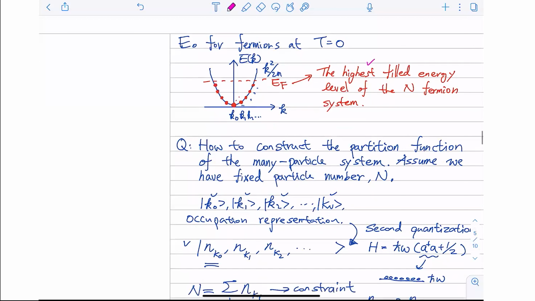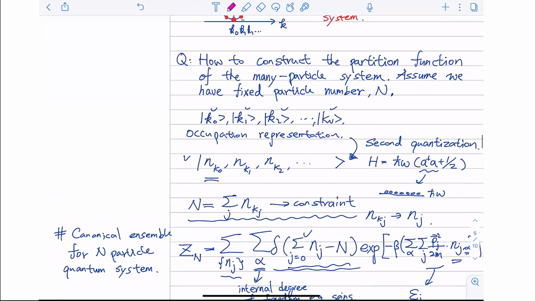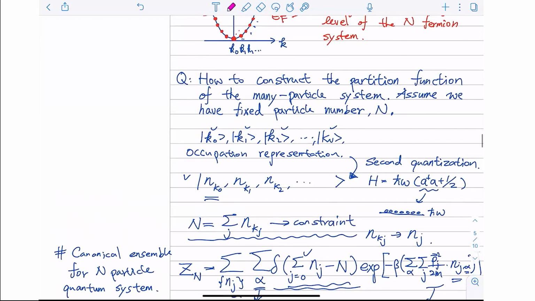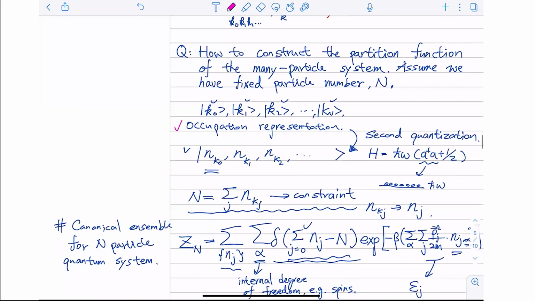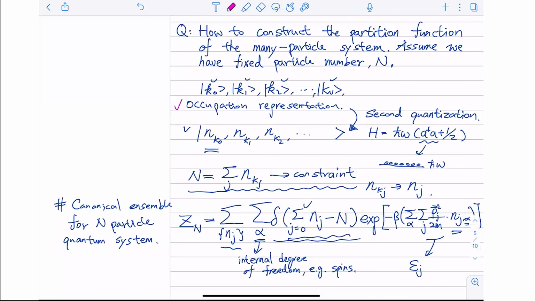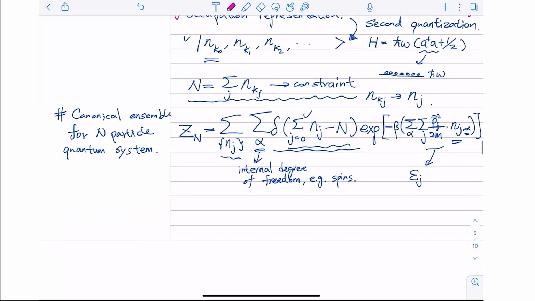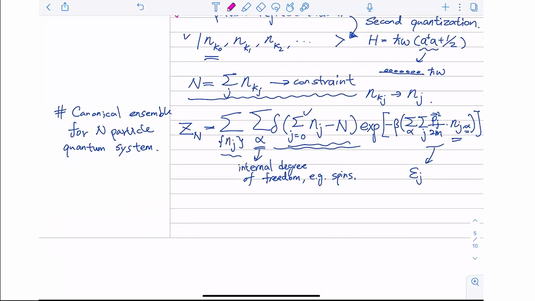Okay. And then we said that we can try to use a different representation, which is the occupation representation. And this occupation representation is very useful for understanding the second quantization, which we don't have time to address a lot, but it is very useful for us to construct the corresponding partition function.